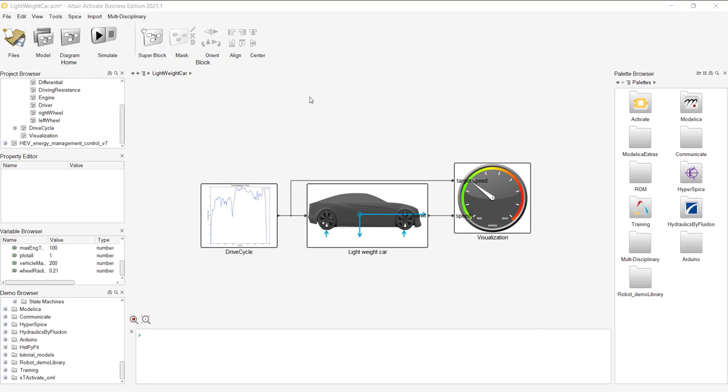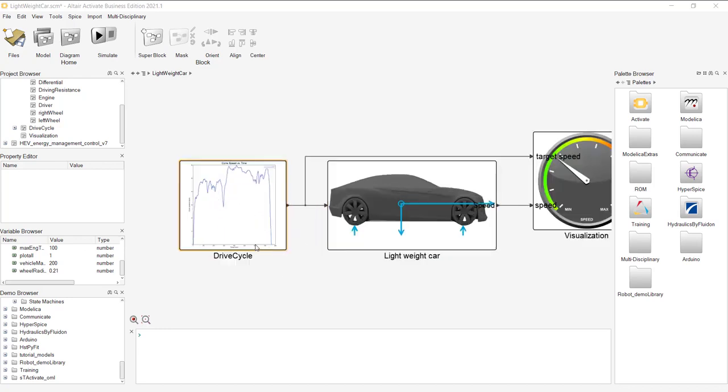So here we are in Activate. This is Activate, the latest version, 2021.1. And we have here a system model of a vehicle with input of a driving cycle.